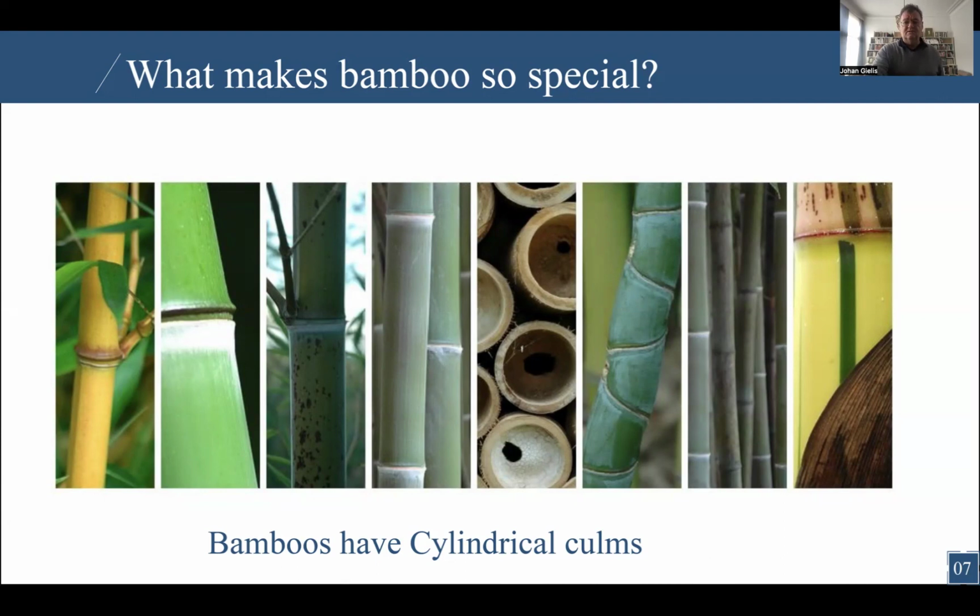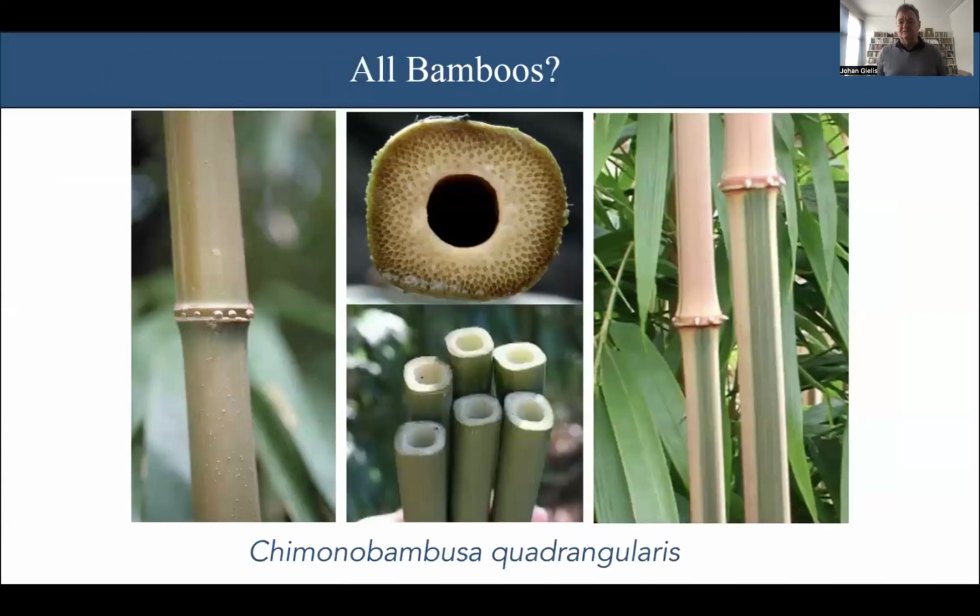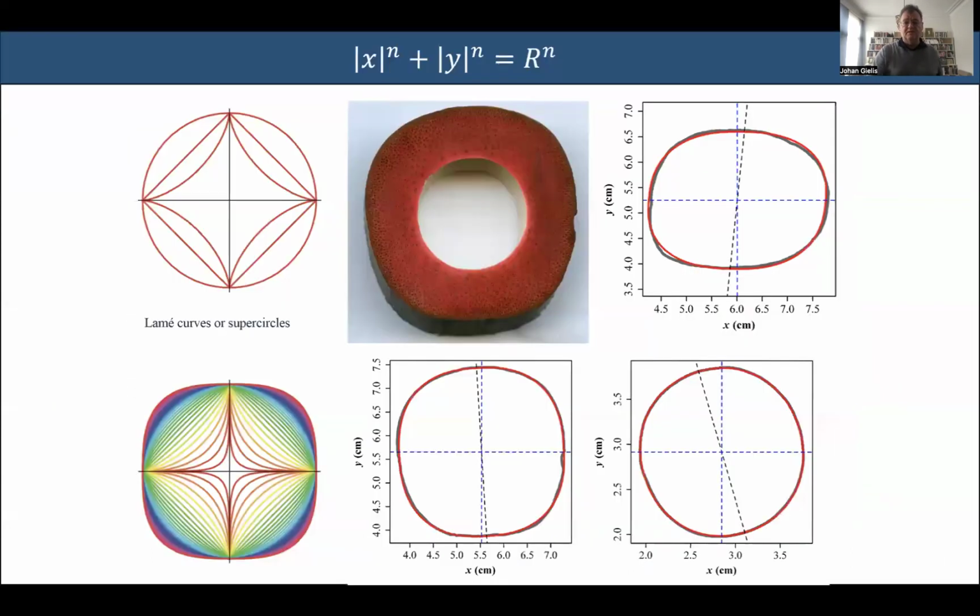The question is, do all bamboos have cylindrical culms? And it turned out there's a genus, Himalayacalamus, where a number of species have really square stems naturally occurring. And when I was studying this, I came across a mathematician, Gabriel Lamé, who defined shapes like this.